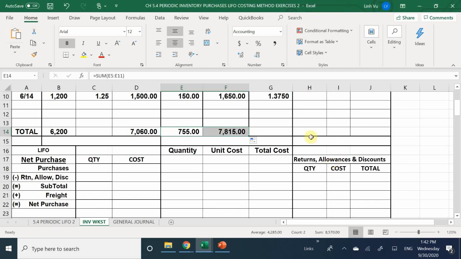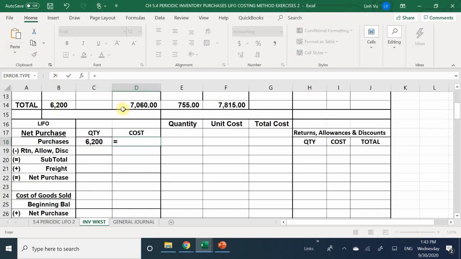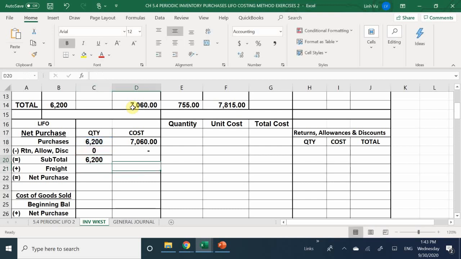But other than that, we're focusing on LIFO right now, so let's fill in our little bottom half portion right here. What is my total quantity that I purchased? It's the 6,200. And how much was the purchase price in total? That was the 7,060. Again, we don't have any purchase returns or allowances, so my subtotal should be as is. Not plus, minus.